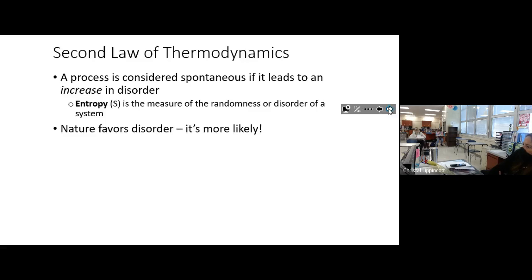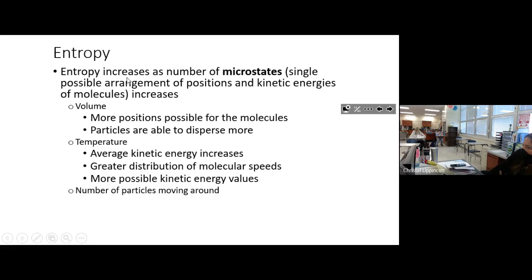All right, entropy increases as the number of microstates increases, like I was talking about, these single possible arrangements of positions and kinetic energies. So with volume, more positions are possible if we increase the volume. More positions are possible for the molecules. They're able to disperse more.